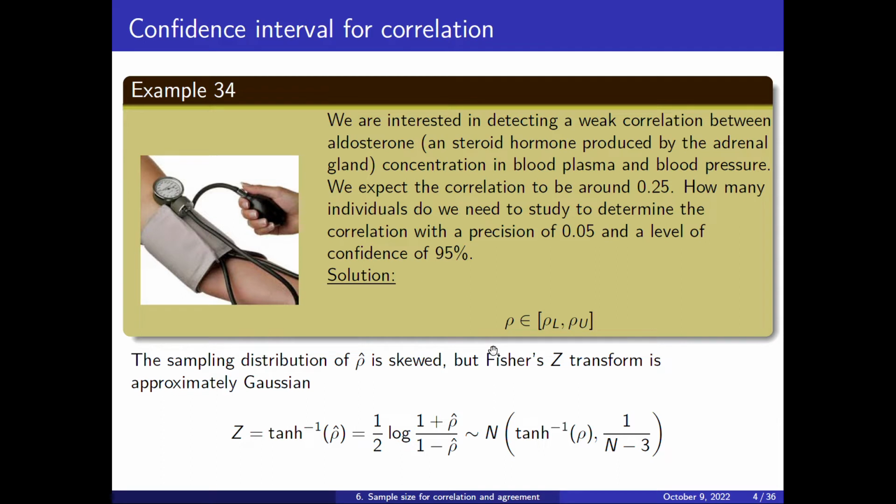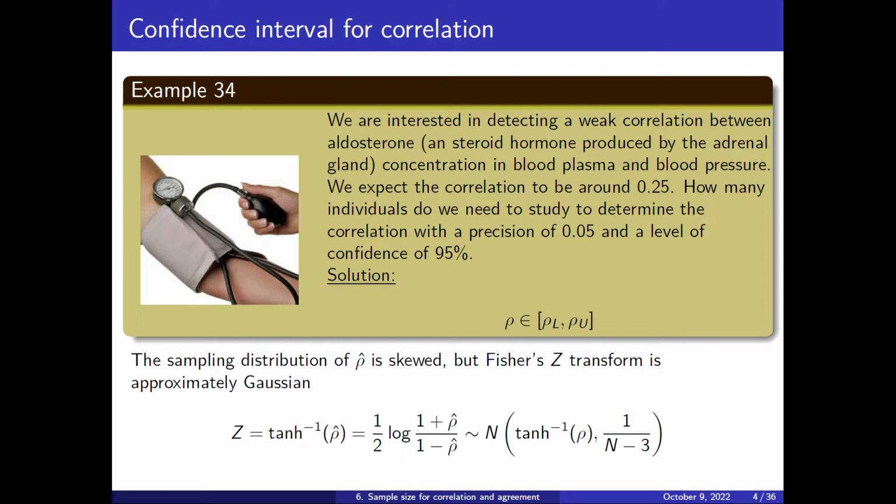This correlation coefficient goes from -1 to 1. -1 means a perfect inverse linear relationship, and rho equal to 1 is a perfect linear relationship between the two.